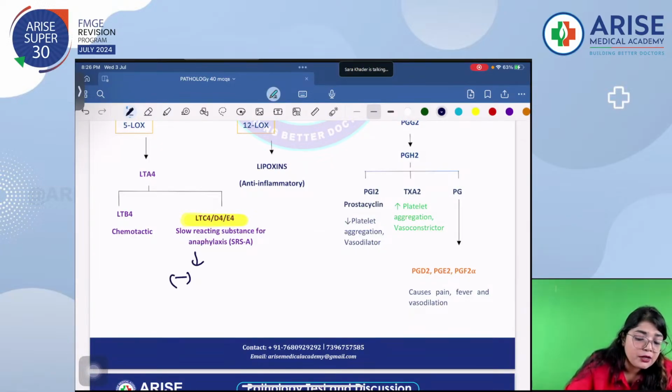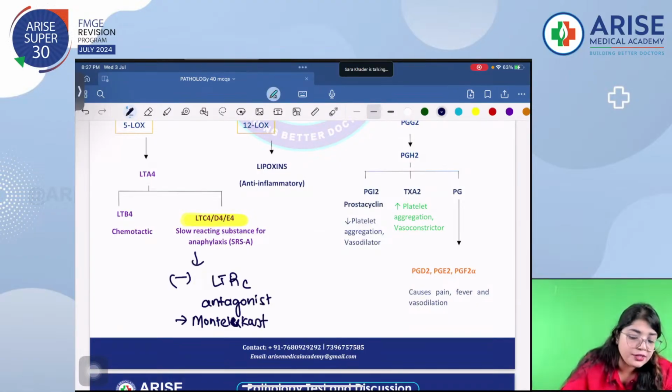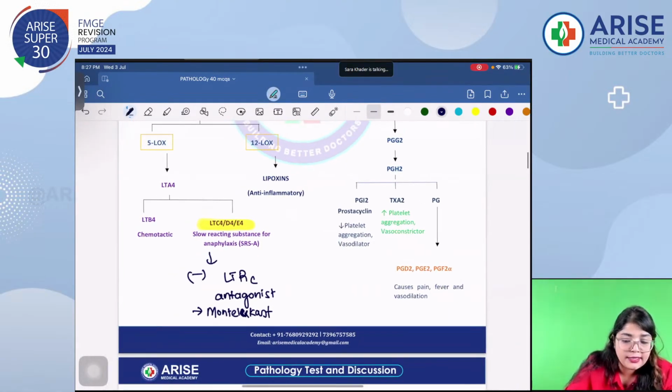You give a leukotriene receptor antagonist. You must have heard of montelukast and zafirlukast. So these are your leukotriene receptor antagonists, right?